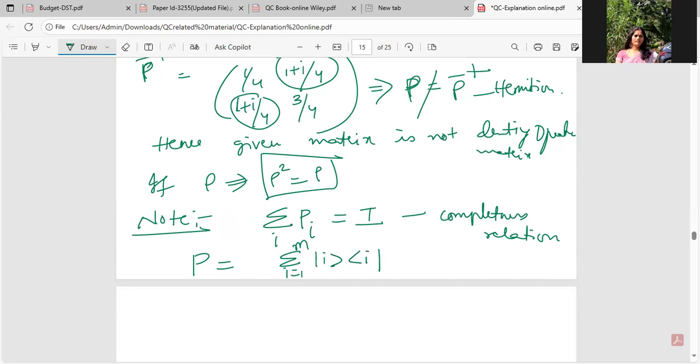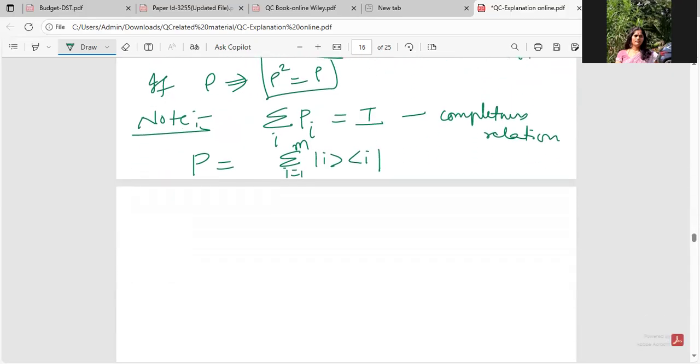It's defined like this. Now, the summation of all P_i should be equal to I. There's one example which I'll do to make you understand this. Suppose I define P naught to be the outer product of ket 0, and P1 to be the outer product of ket 1.